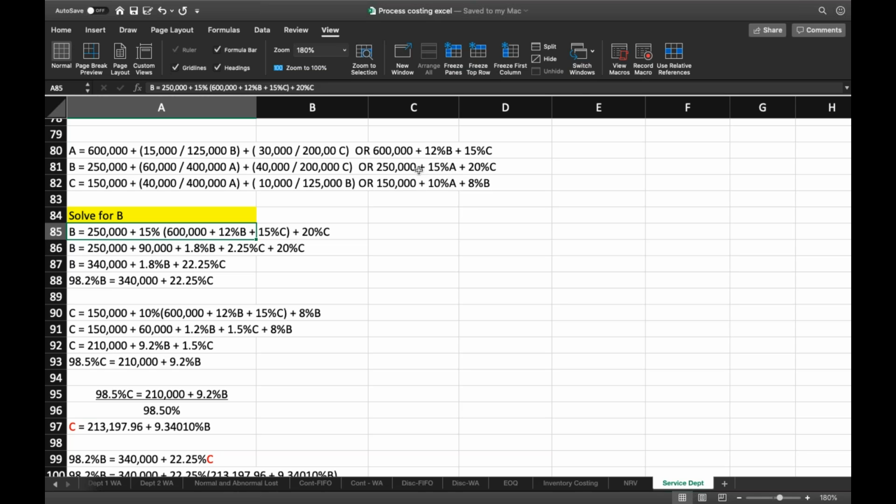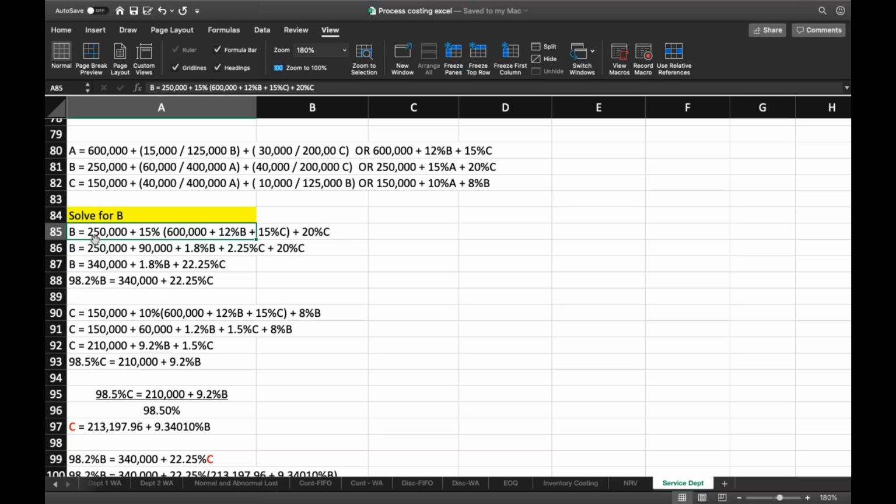It's up to you which one you want to replace, but for sure you will arrive at the same equation. But you cannot replace two variables at the same time. You should do it one at a time. So for this equation, we will replace A first, but we will not replace C.